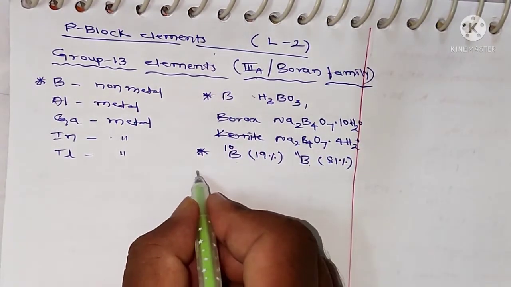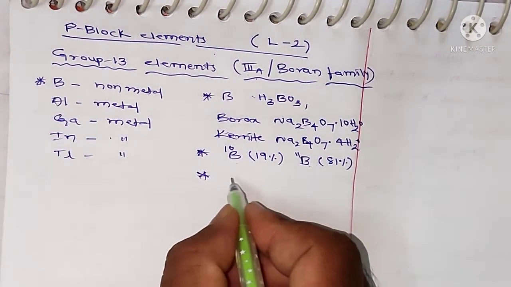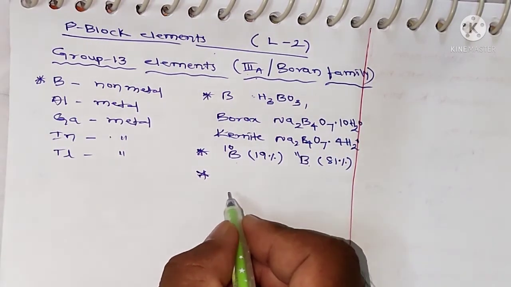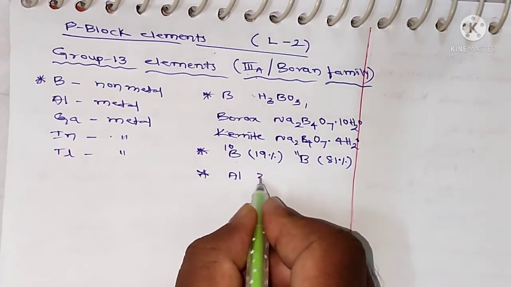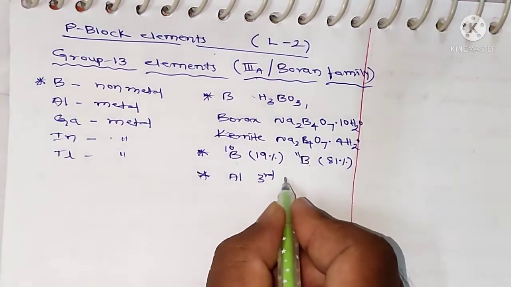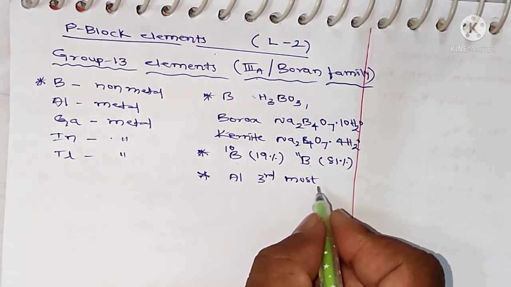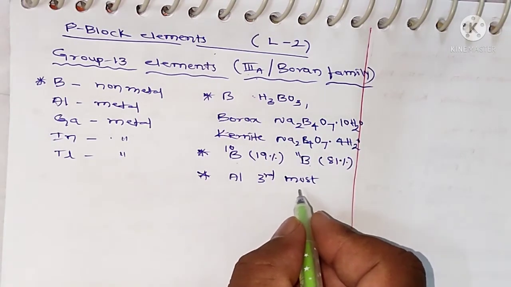Aluminium is the third most abundant element in the earth's crust.